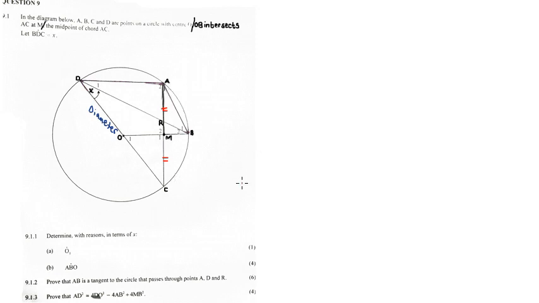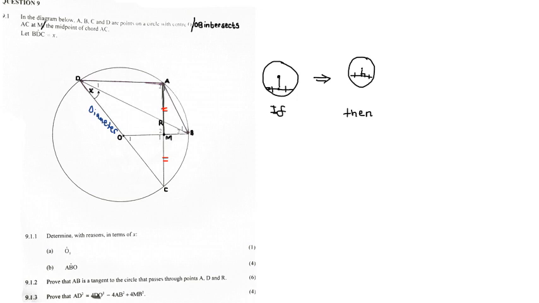Now we need to look beyond this information and go into our theory. This should ring a bell: you have a theorem that says that if you have a line drawn from the center of the circle to the midpoint of a chord, so this point there is the midpoint of the chord, that's the if, then what happens is that that line will be perpendicular to the chord.